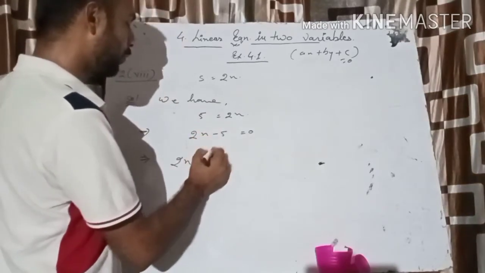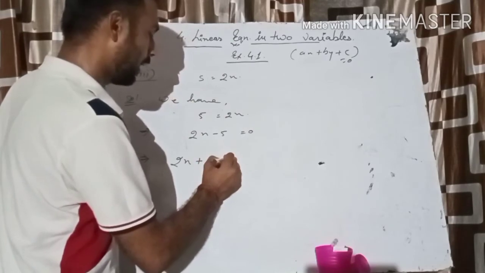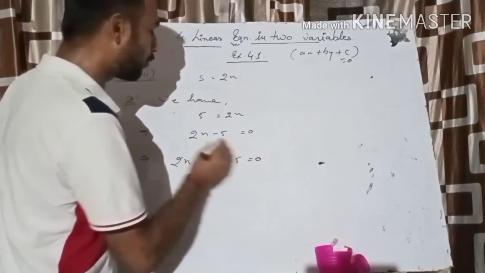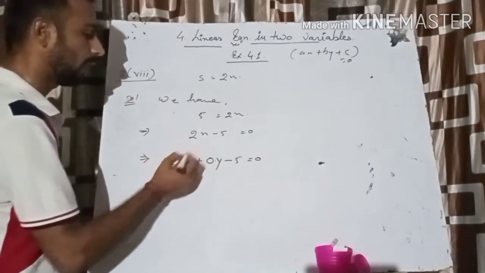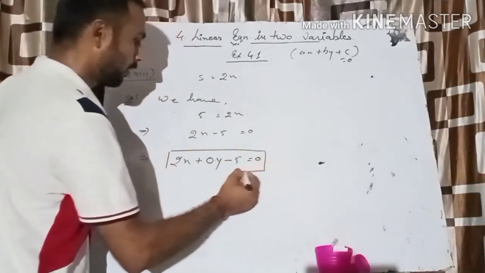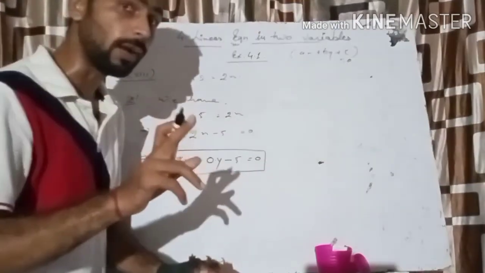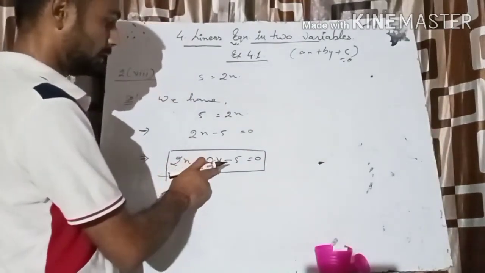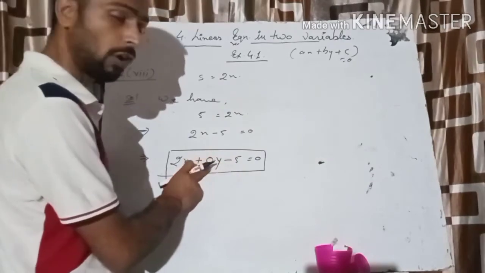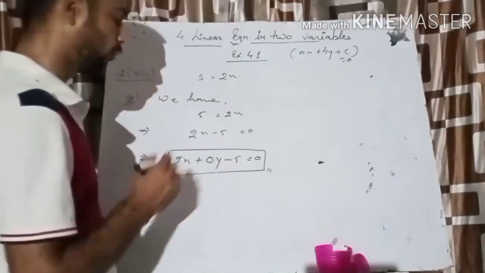So we have to use 0 into y, and we can write 2x plus 0y minus 5 equal to 0. Now this equation is converted into a linear equation in two variables, because the coefficient of y is 0.